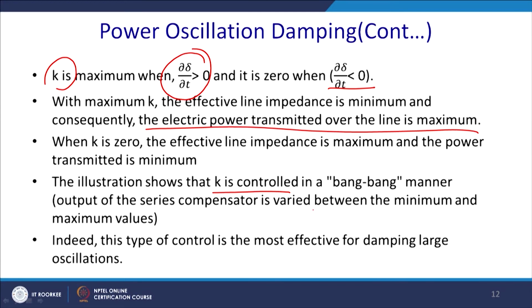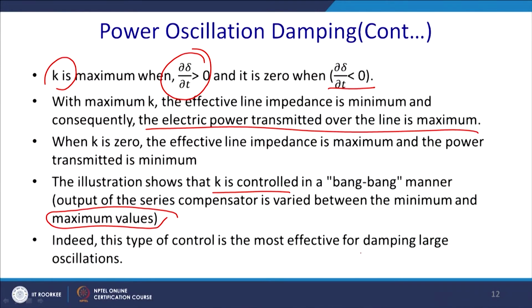So, on and off in that manner is called bang bang control. In this manner, the output of the series compensator is varied between the maximum and the minimum values, and for this reason we require a hysteresis loop to operate it. This type of control is the most effective for damping large oscillation.